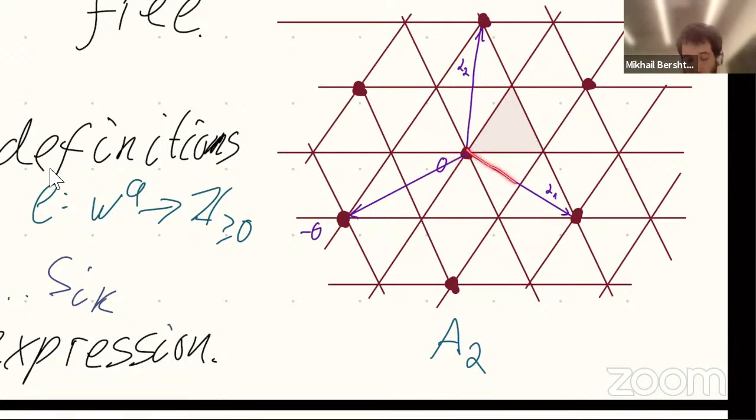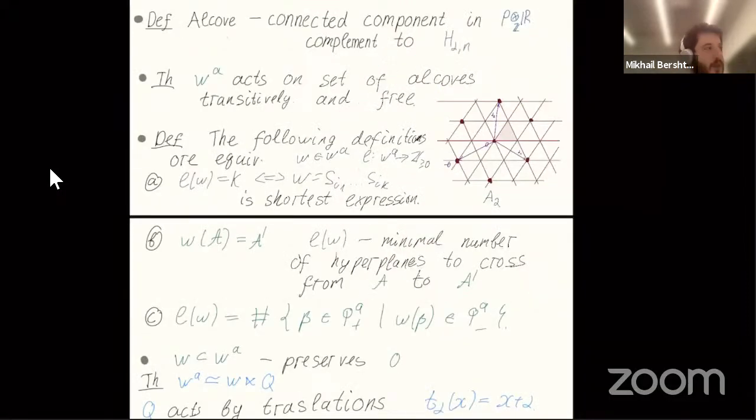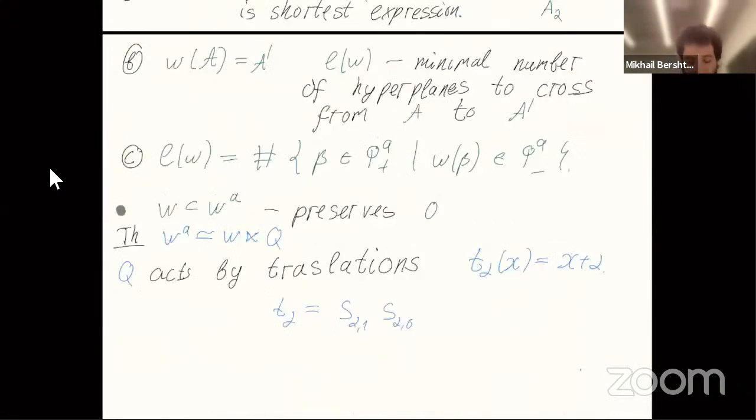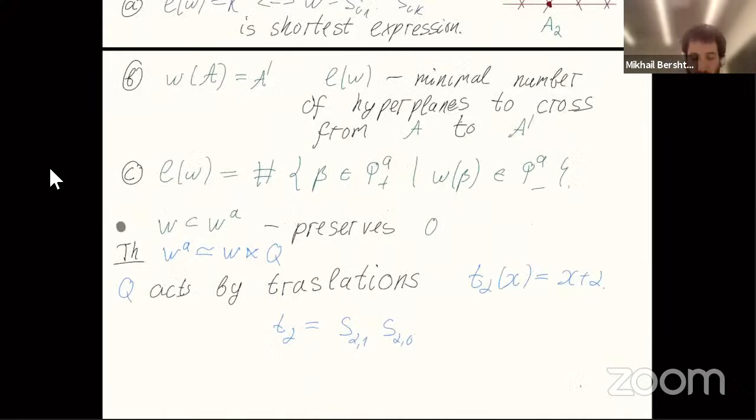Okay, so this is the theorem, which is, I hope, clear. In some sense, you can compare this description. So we have two descriptions of the finite Weyl group. One as a semi-direct product of the finite Weyl group plus some translations, and another as the standard Weyl group for the Kac-Moody group.